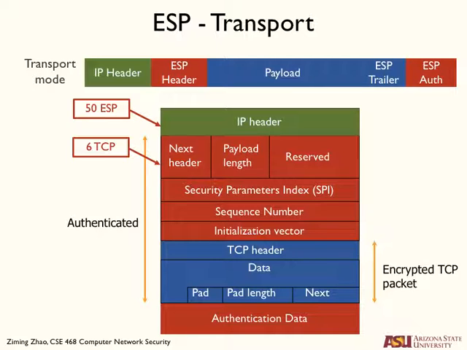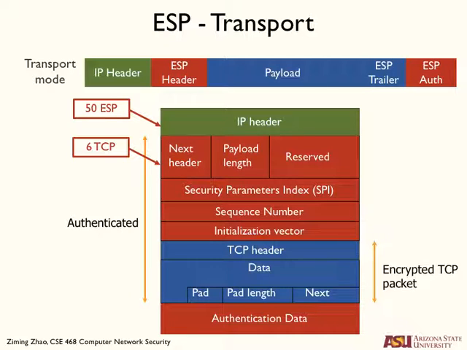So we have to add some padding there to make the size of the payload a multiple of the block size. So there are some paddings we have to add here. And when we add some paddings, we also need to specify what is the length of this padding.